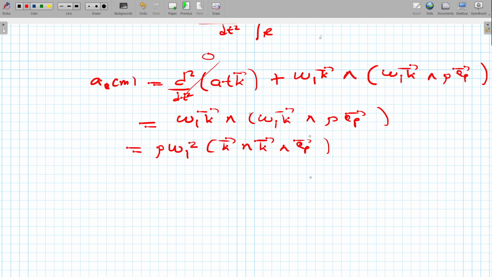And then we can now apply the double produit vectoriel inside. The formula for the double produit vectoriel: you write the first vector outside, and then you take the dot product of the other two vectors that will be remaining.